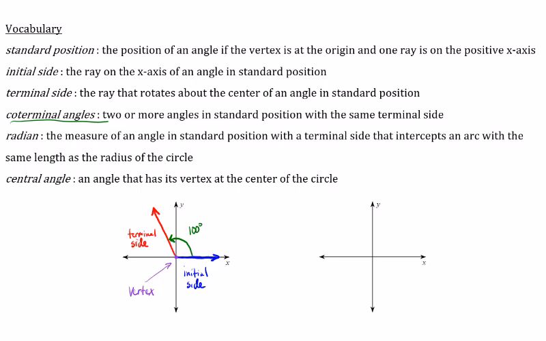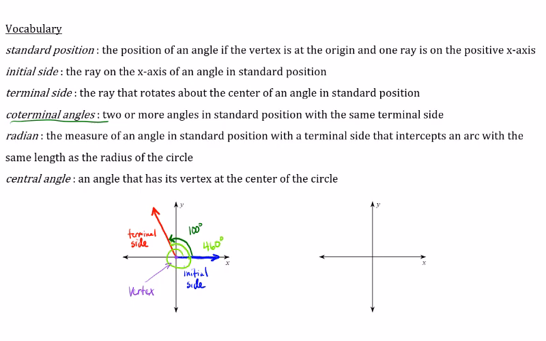So like here, for example, if this is my angle, 100 degrees, and I have this terminal side right here, well, that's one way to go, right? Is just go from there to there. But I can also go all the way around and get back to here, right? So instead of being 100, that would be 360 to get to here, and then another 100, so this would be 460, right? So 460 and 100 are coterminal.